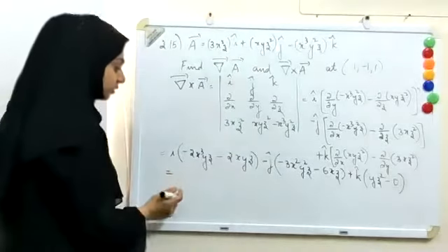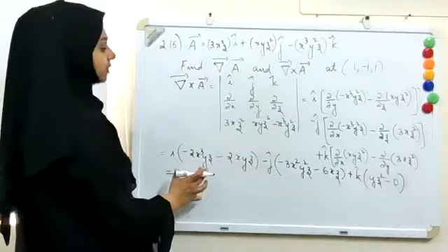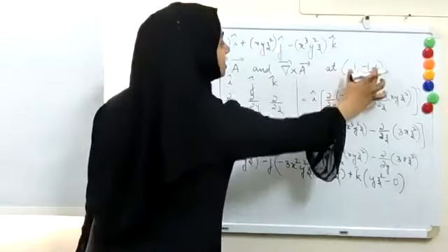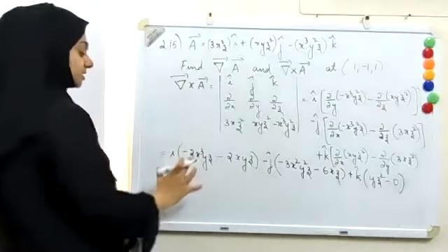Now you can put the values 1, minus 1 and 1 for x, y and z.